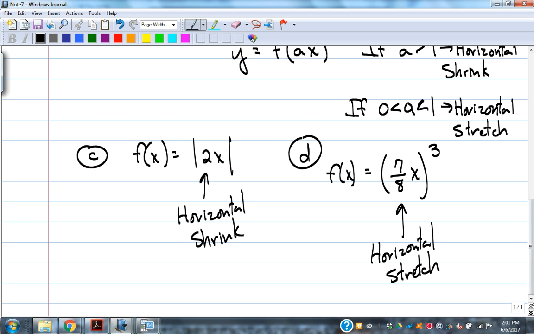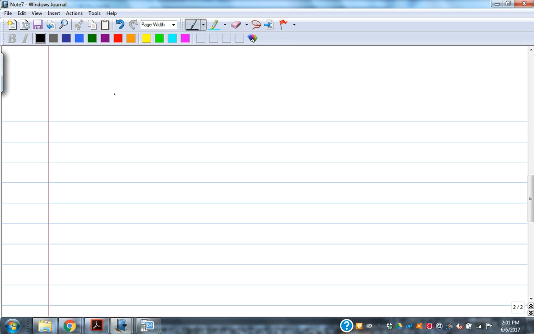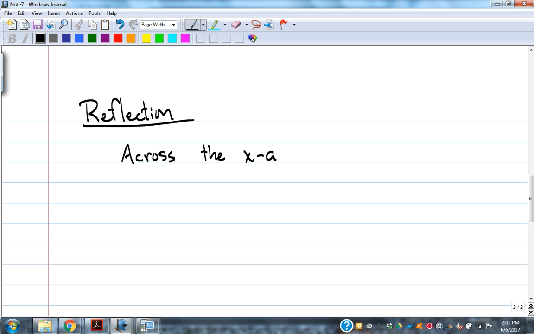What if that number that we multiply by is a negative? What happens then is called a reflection. Reflections across the x-axis happen on the outside.